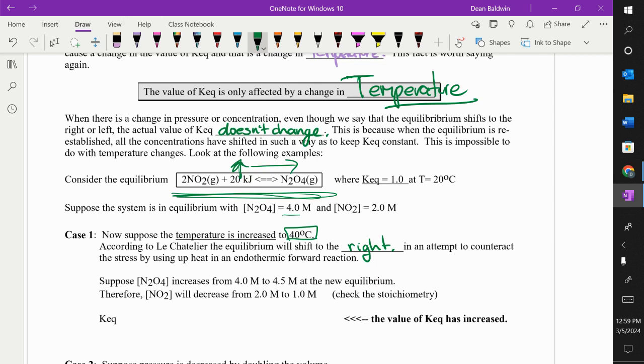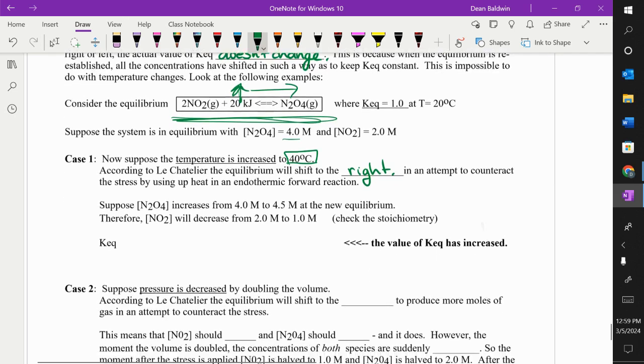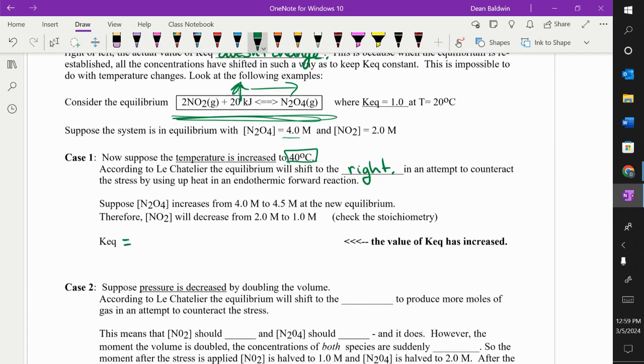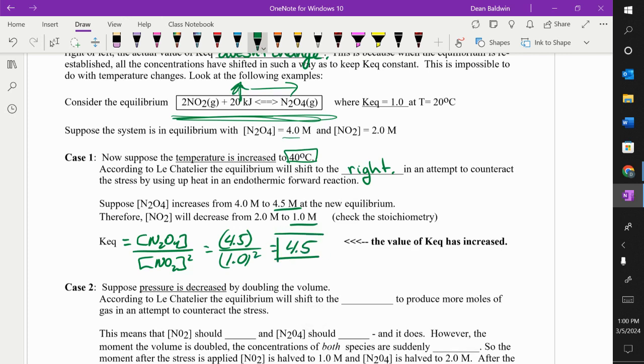If you measure the KEQ now, so the KEQ expression is going to be concentration of N2O4 divided by the concentration of NO2 squared. 4.5 divided by 1.0 squared, because those are the new concentrations. Oh, I wrote the squared on the wrong one. Divided by 1.0 gives me 4.5.